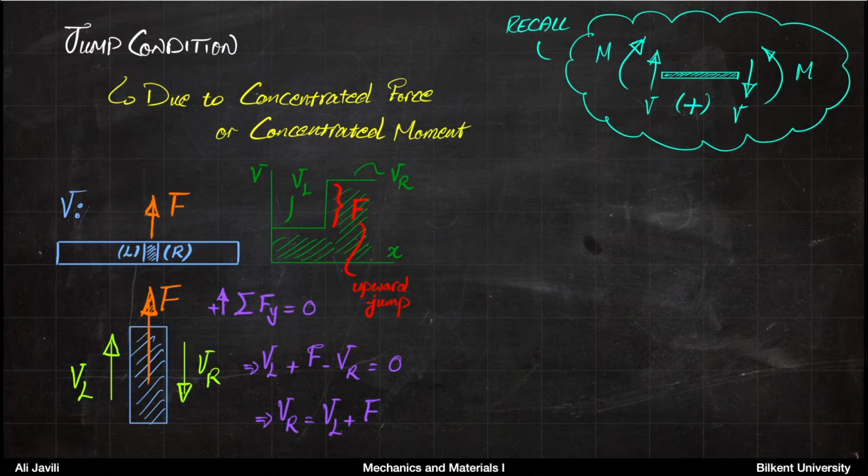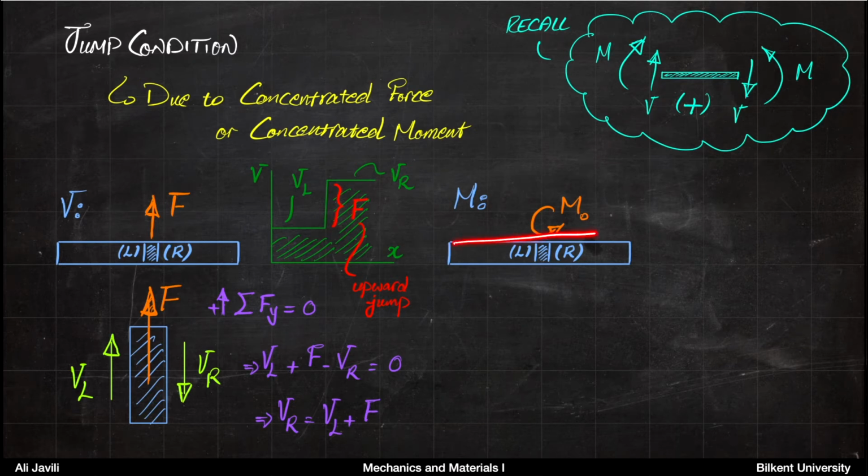Now what we want to do is to do exactly the same thing for the moment diagram and see how you would accommodate a concentrated moment, an external moment, or how an external moment would influence the distribution of the internal moment in the beam. So now we look at this picture.